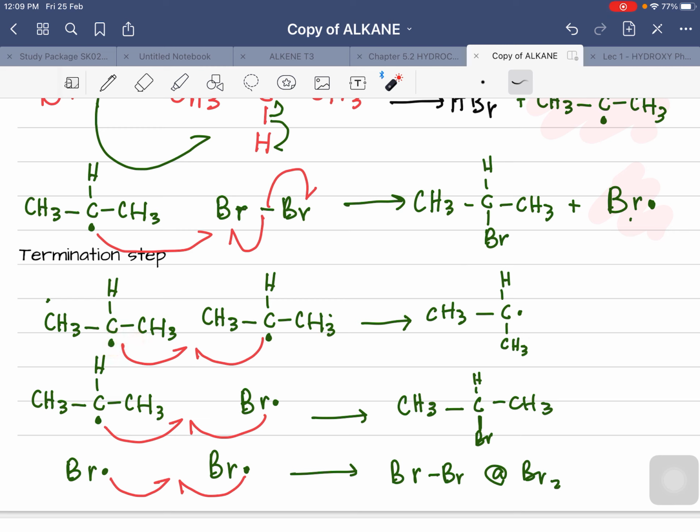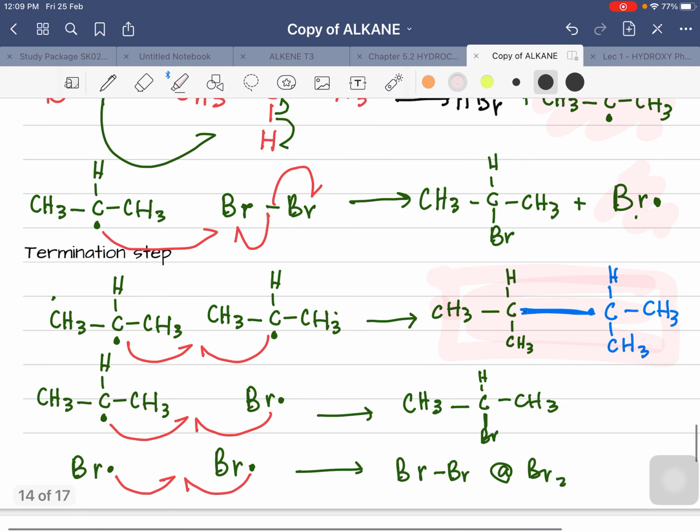The other one is the same, I twist this one and make it blue. So this is the radical, with H, CH3, CH3. Now when they combine, we form a bond between radical and radical. So we get a longer alkane with an increased number of carbons. That's all for the free radical substitution mechanism.